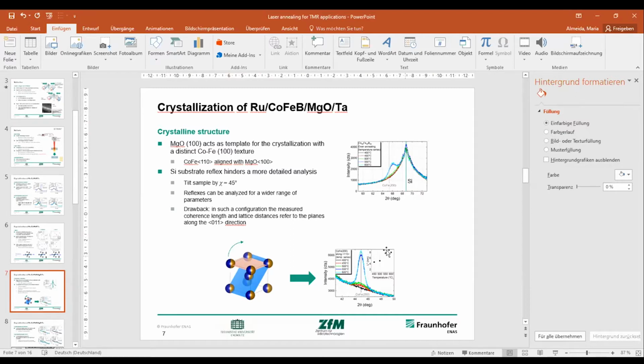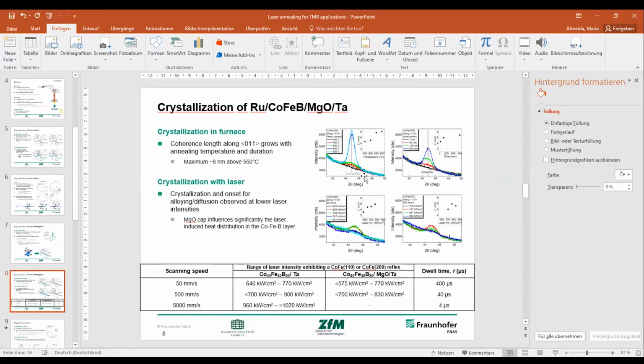These off-specular measurements allowed us to investigate our samples more systematically, showing an evolution of the coherence length similar to that of the samples capped with only tantalum. And we could again find a range of comparable crystallization levels with laser and with furnace.